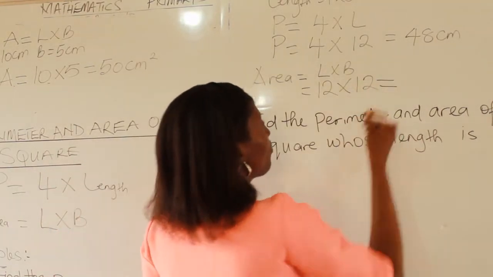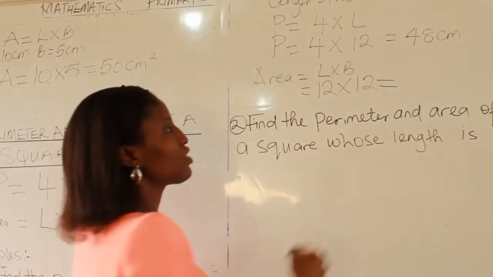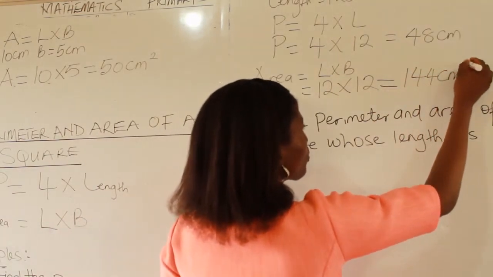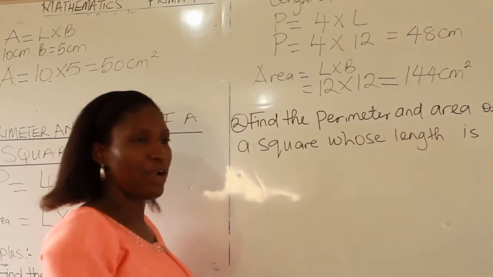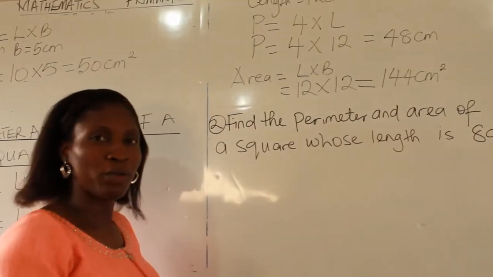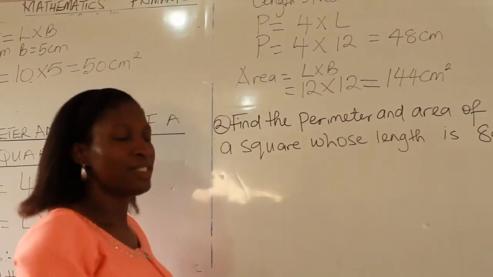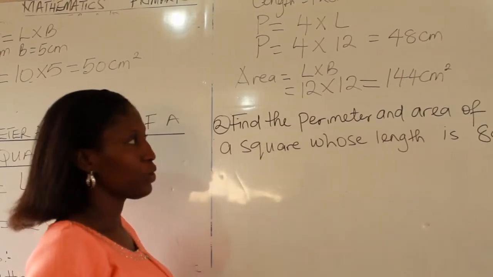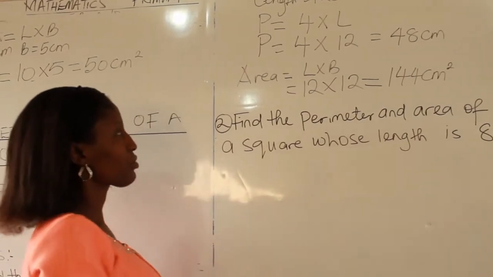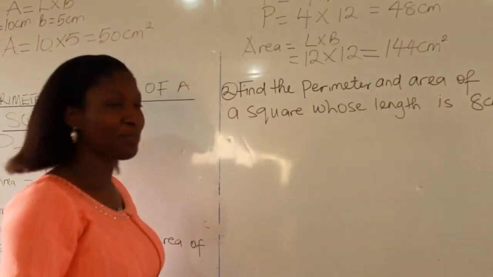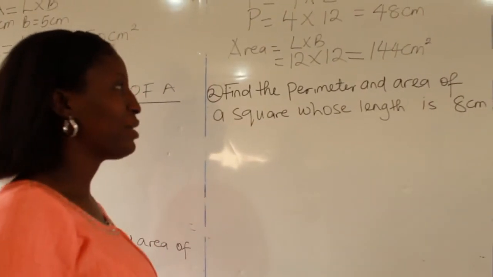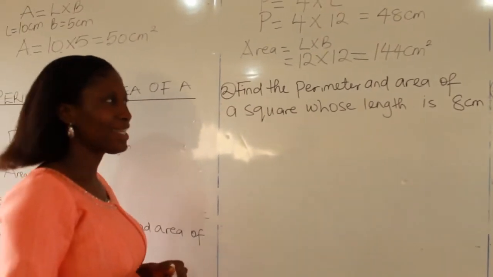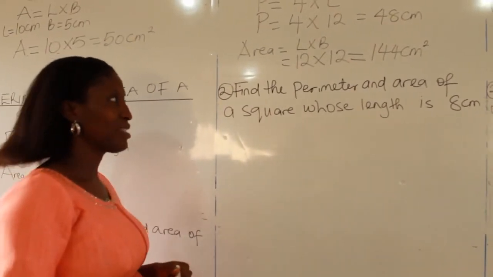So 12 multiplied by 12 gives 144 centimeters square. The area equals 144 centimeters square because 12 times 12 gives 144.